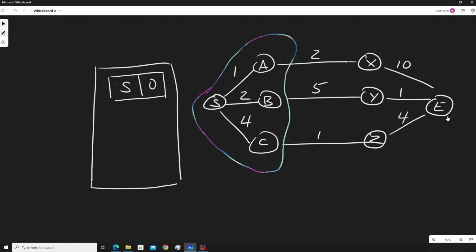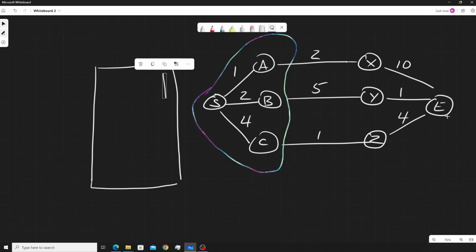Let's see. All right, so first we are essentially going to consume this. And then we are going to add to our table A1, B2, and C4. So these pairings have been added to our table.